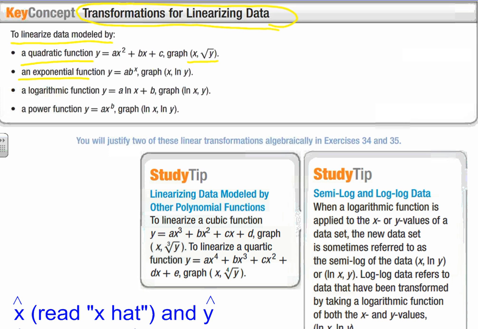For an exponential function, and we know what that looks like, we transform our values into x and the ln of y. If it's logarithmic looking, then we use the ln of x and just plain y. And if it's a power function, y equals ax to the b, we use the log of x and the log of y.